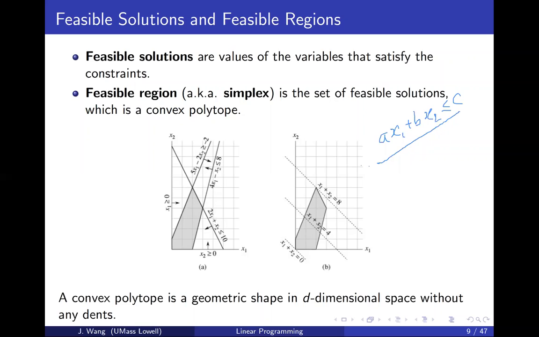So then let's say this is the x1 axis, and this is x2. Then anything below, well, remember x1 and x2 have to be greater than or equal to 0. So it will be in this quadrant.